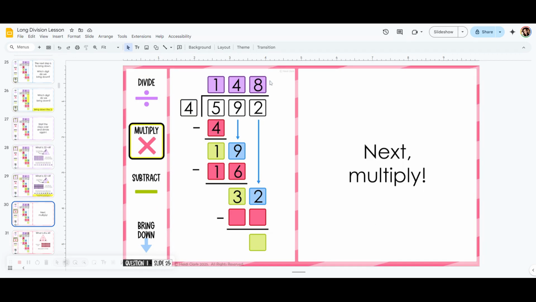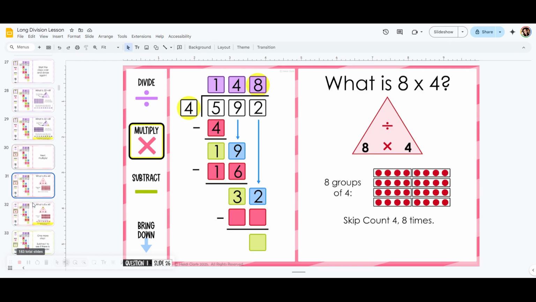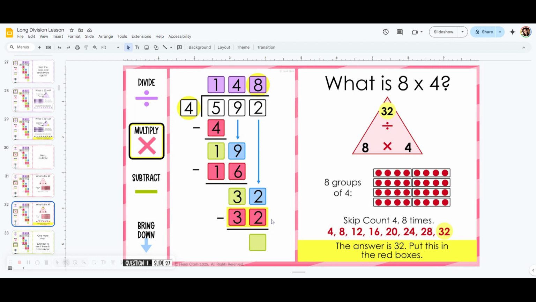Right up there, 148. Next step is to multiply. So take that 8 that you just had, multiply it back with that 4 again. 8 times 4 is 32.